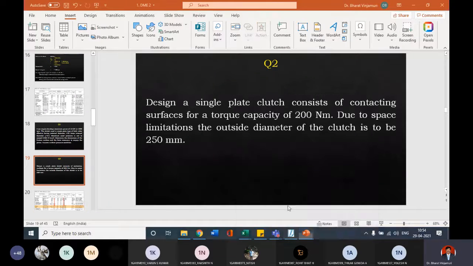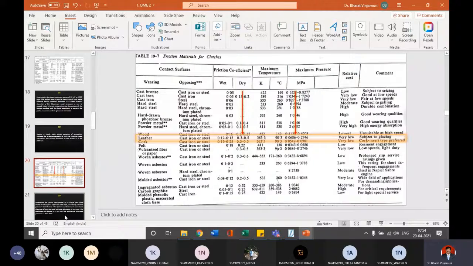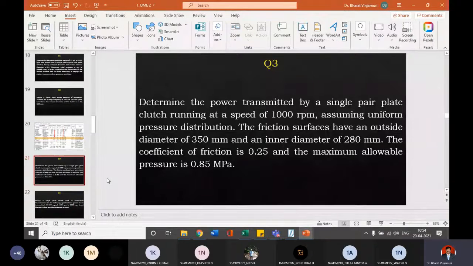So come back. This is your question number 2, which you have solved. Now come back to this. We will be having a class today at 3 o'clock, because I thought of completing single plate clutches today.